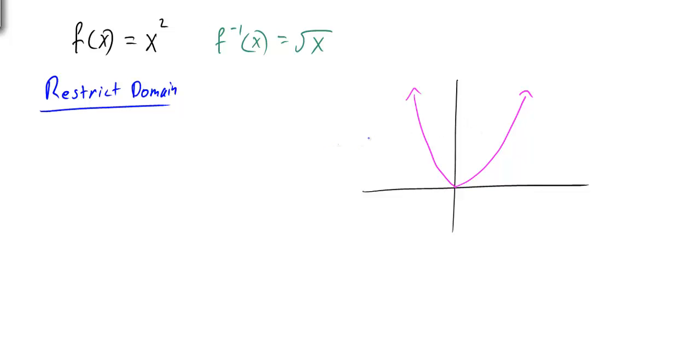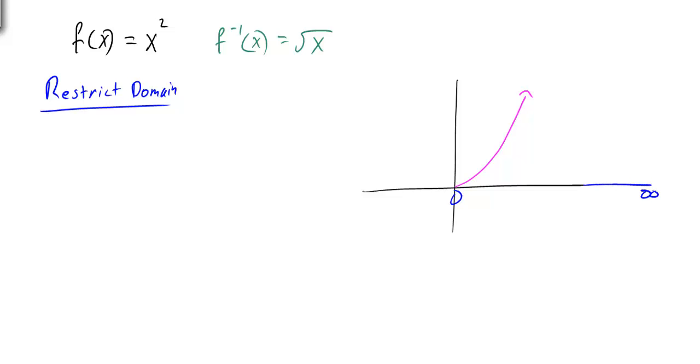Well, what's causing this to cross the graph twice? We have the left side of the graph and the right side. So if I eliminate this part of the graph over here on the left, would this now pass the horizontal line test? The answer is yes, it would only cross the graph once. So we're restricting the domain so that we only have x values from 0 all the way to infinity.